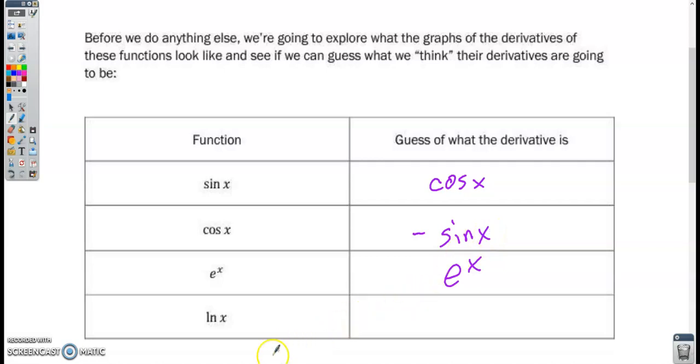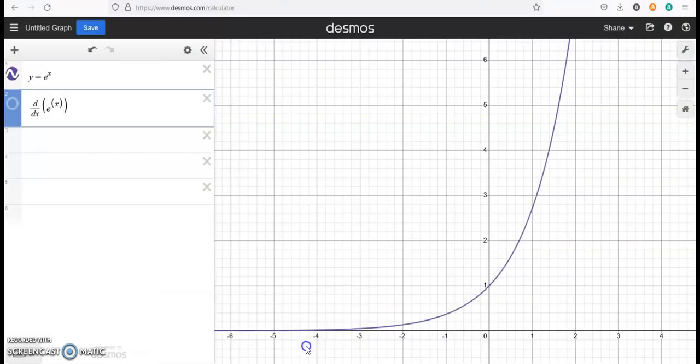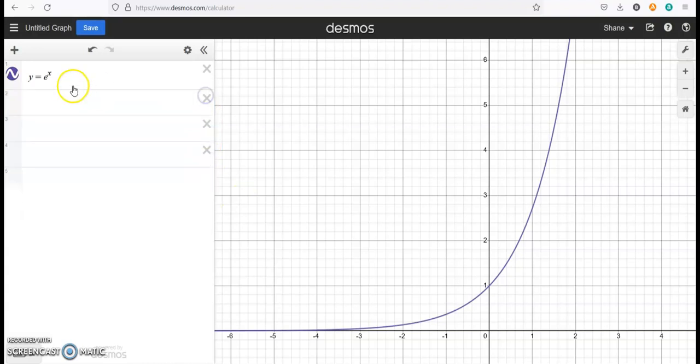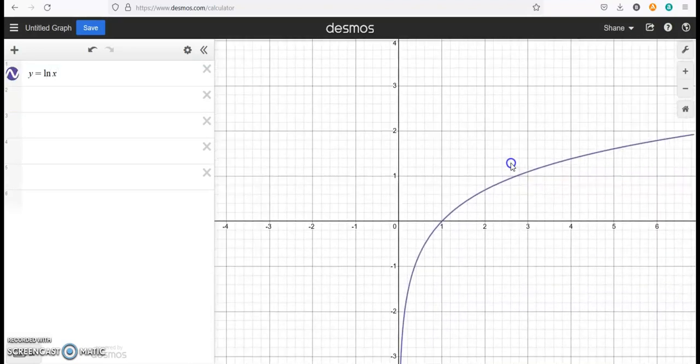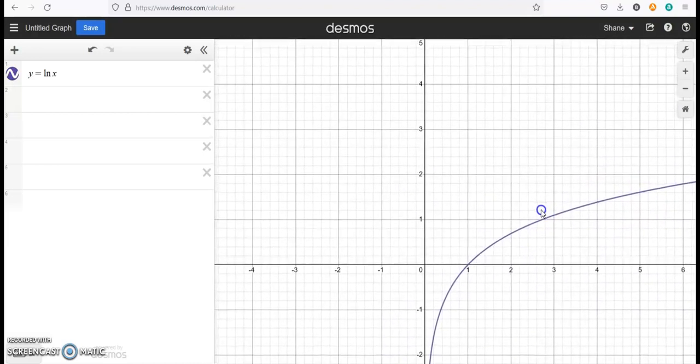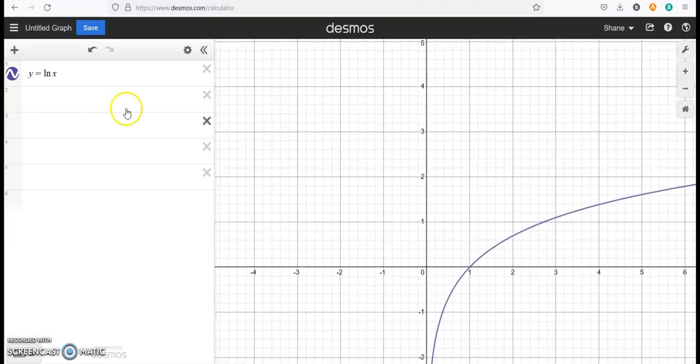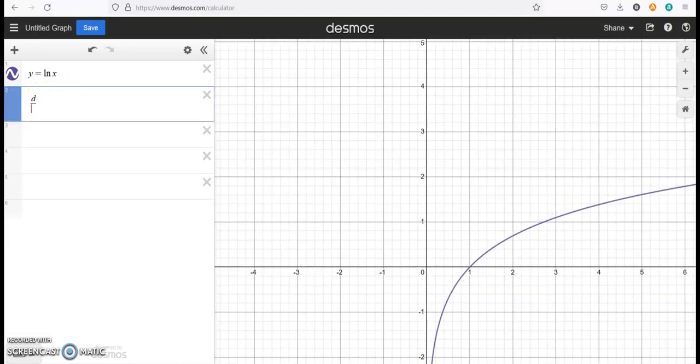And the last one, and this is probably going to be the hardest of the bunch that we've seen today. Let's do y equals the natural log of x. It's a natural log function. Okay, and we'll graph the derivative of the natural log of x.